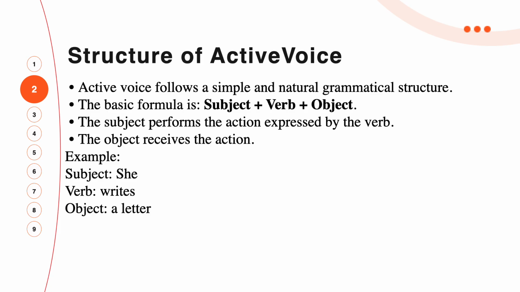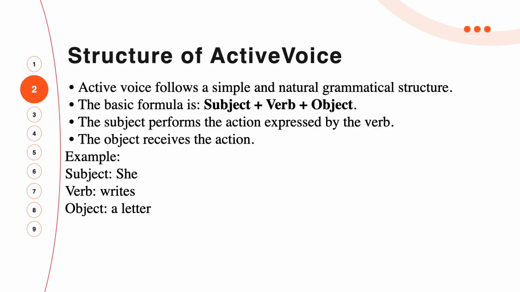In this slide, we look at the structure of active voice sentences. Active voice usually follows a simple grammatical pattern. The basic formula is subject plus verb plus object. The subject performs the action expressed by the verb and the object receives the action.